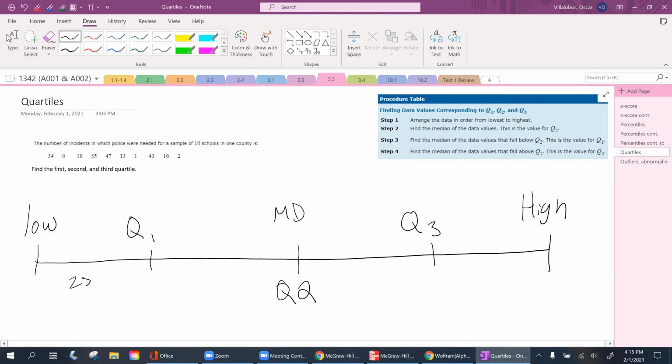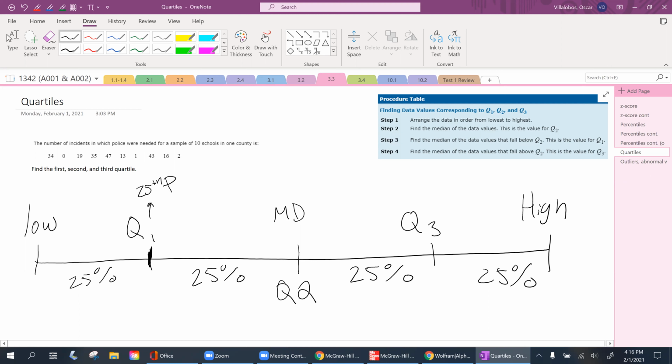This here is 25%, this is 25%, this here is 25%, and this other one is also 25%, and taking everything into consideration gives us 100%. One thing to remember is if a value lands right there in Q1, that is the 25th percentile.